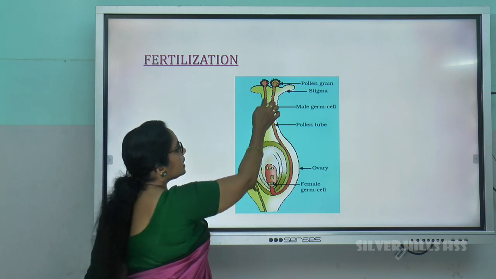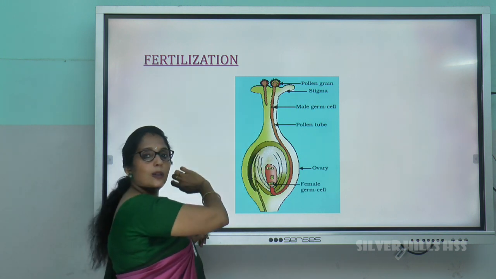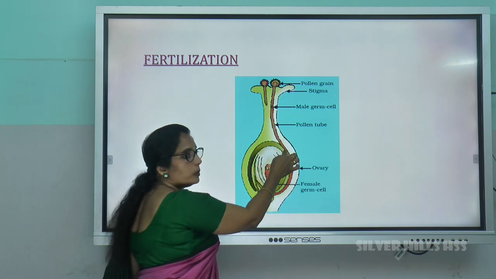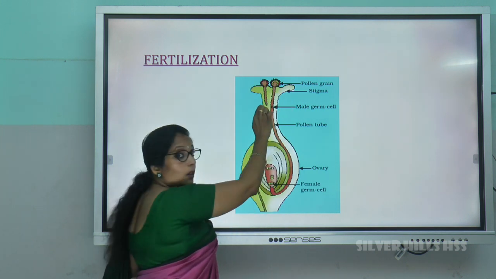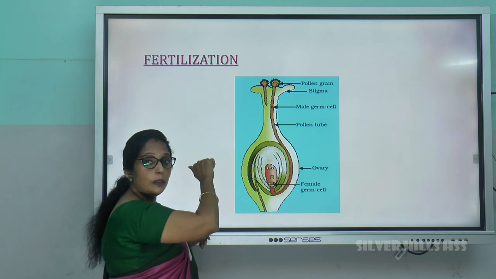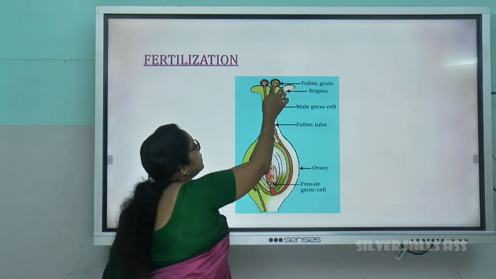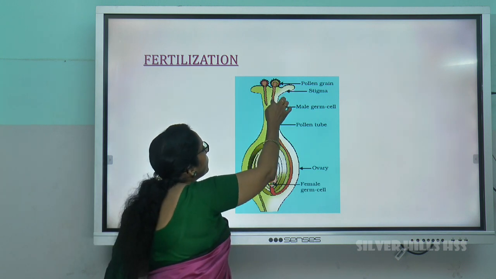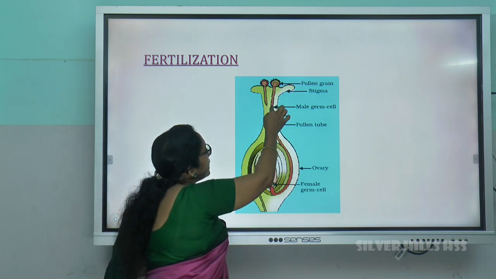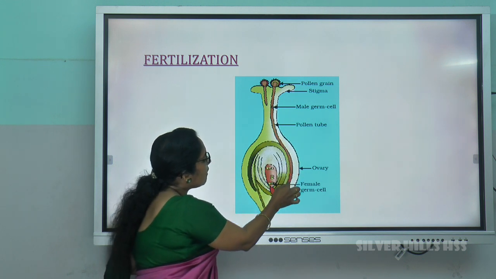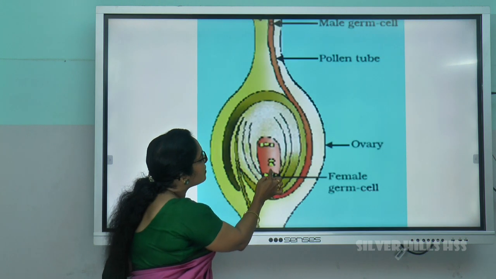When pollen grains fall on the stigma, what happens? A pollen tube is developing. You can see a tube. We have studied already that pollen grains contain what? Male germ cell, isn't it? Or male gamete. This male gamete will be traveling through this pollen tube and reaches here.